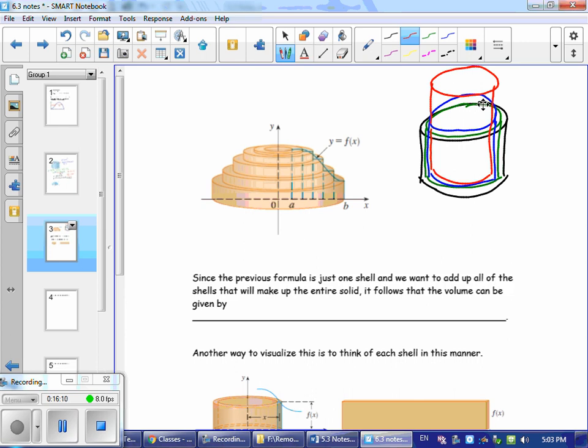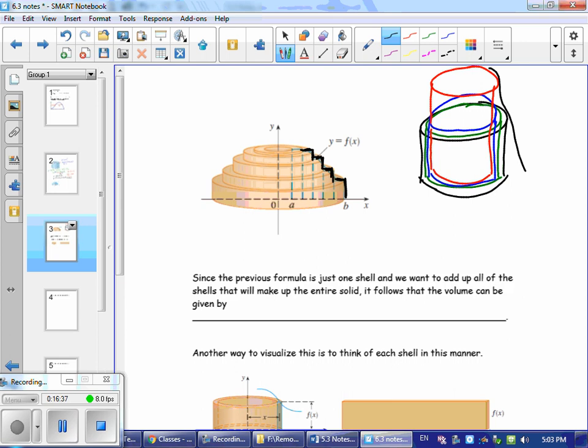And eventually, what you'll have is something that actually creates some kind of a curve, whatever this curve happens to be. So that's exactly what we're doing here. Here's the first cup, here's the second cup, the third cup, the fourth cup. The only difference is they're over exaggerating the thickness of them, so you can actually see the thickness which is here, the thickness which is here, and so on.